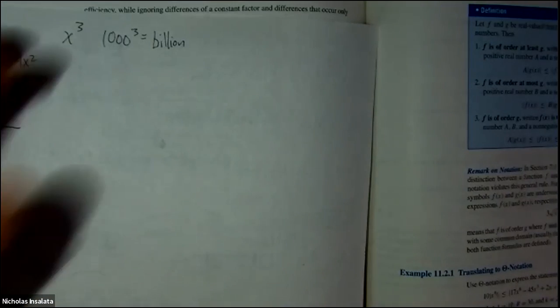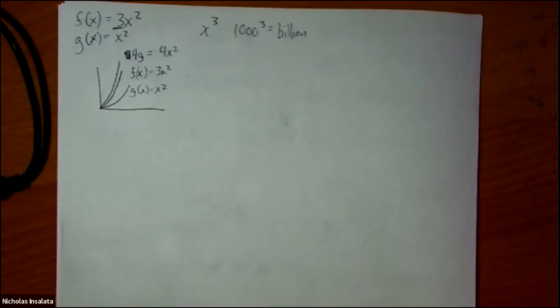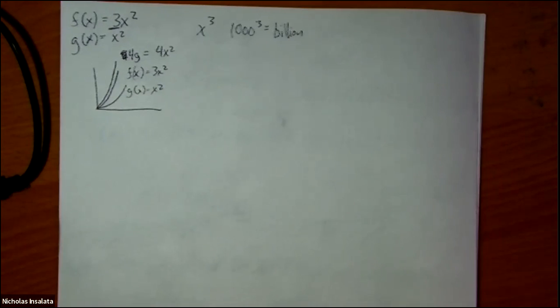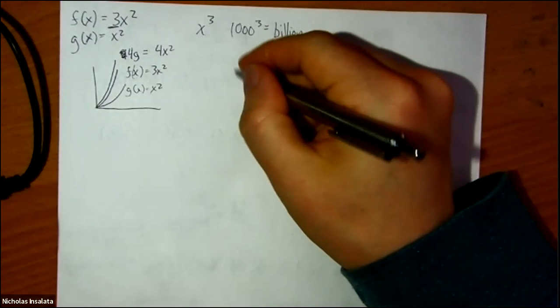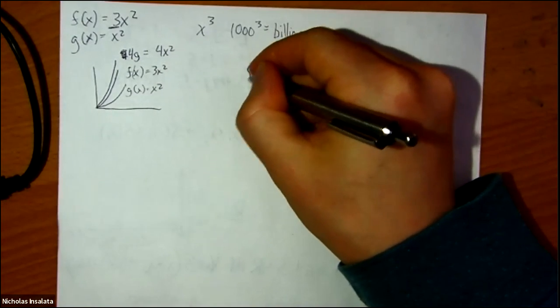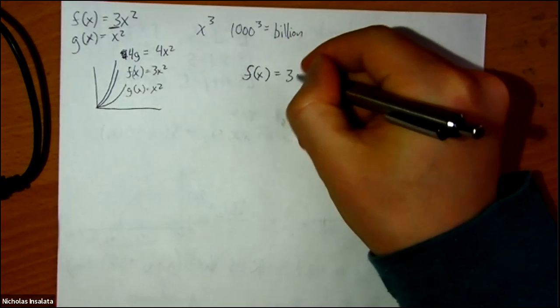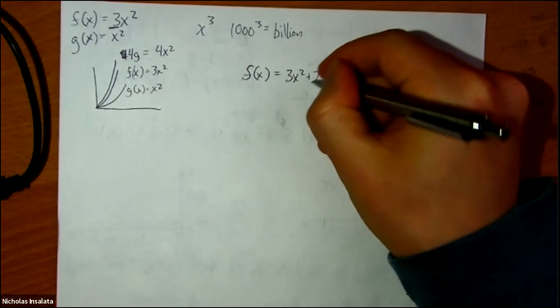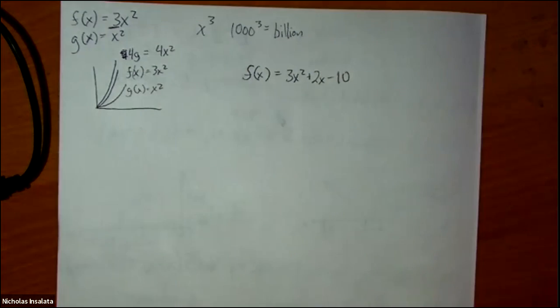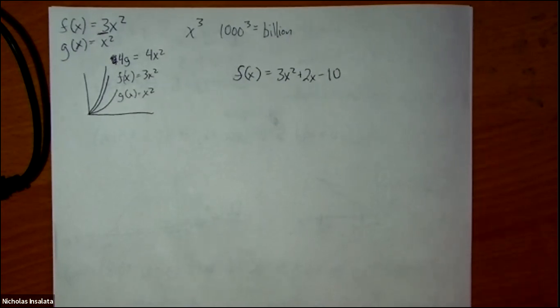Here, let me actually move this thing for a second. Okay. So let's do another one. So let's say f of x equals 3x squared plus 2x minus 10. Okay, so a nice quadratic function there.